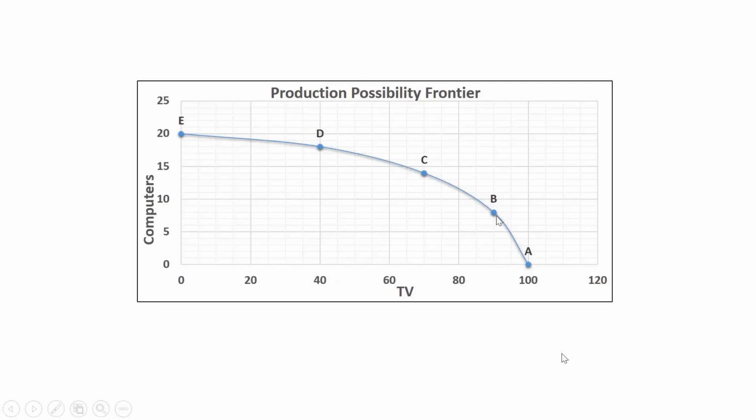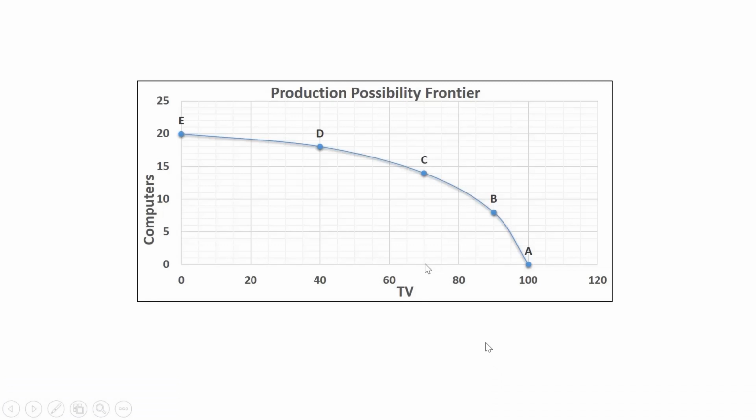Now, let's consider what will happen when we move from B to C. By moving from B to C, we are going to increase the production of computers from 8 to 14. But before we can do that, we have to reduce TV from 90 to 70.